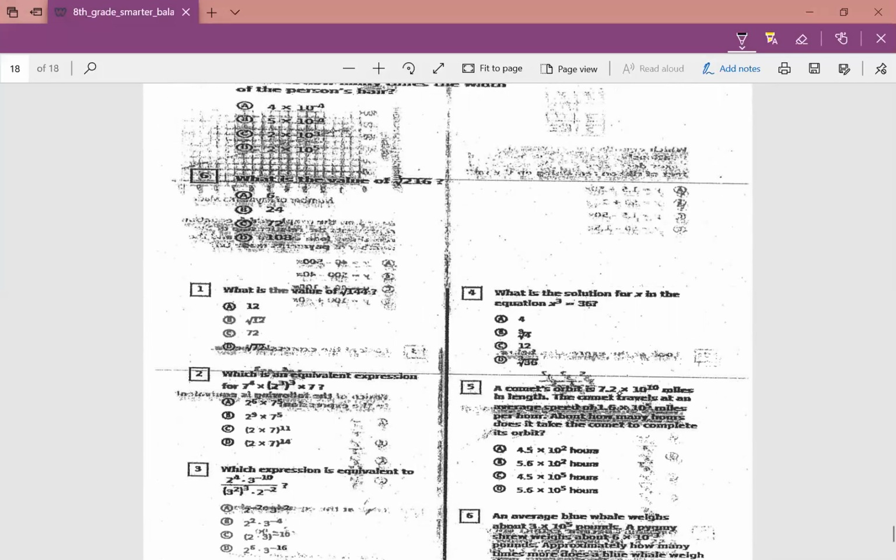You want n to be, this one, the correct answer was C. Sorry, hit the wrong one. Here was C. Comparing, you were dividing the person's hair by the person's head to get 2 times 10 to the third.